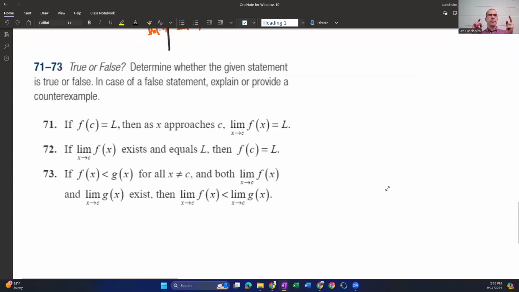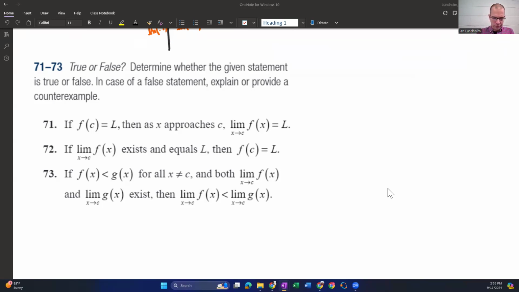Last one. True or false? If f of c equals L, then the limit of f of x as x approaches c is L. Okay, so let's do another little drawing.